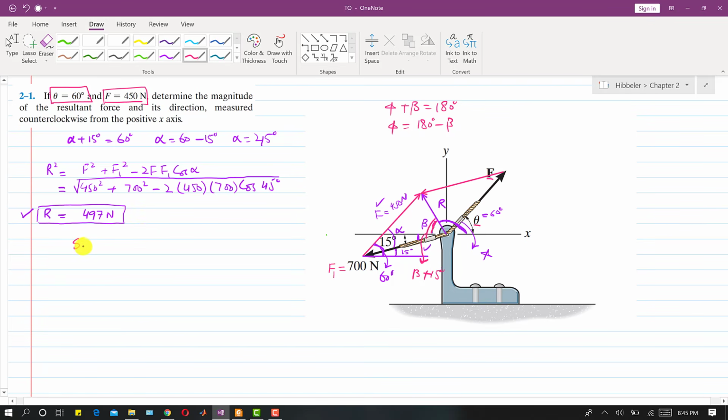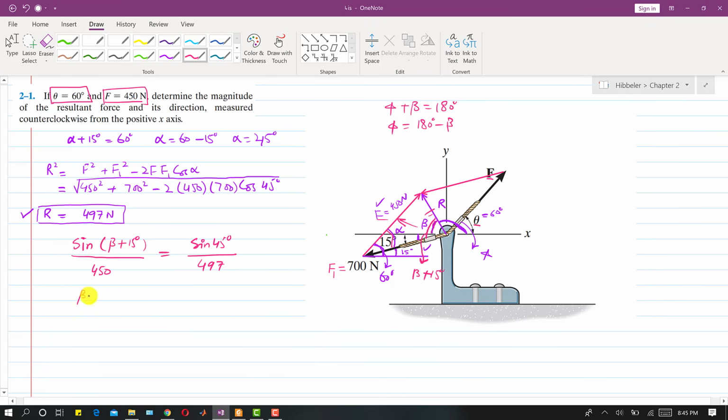If I apply the sine law, sine of beta plus 15 degrees, divided by the magnitude of the opposite side, that is 450. The opposite side is this one. And sine of alpha, which is 45 degrees, this angle, divided by the magnitude of the resultant, which is the opposite side. So the resultant magnitude is 497.